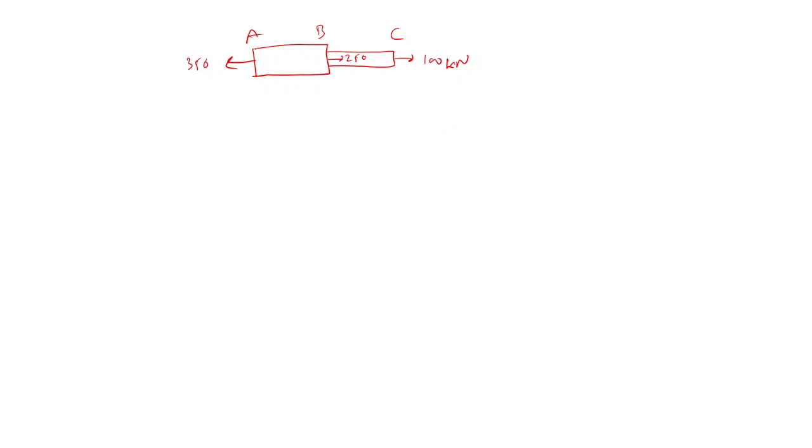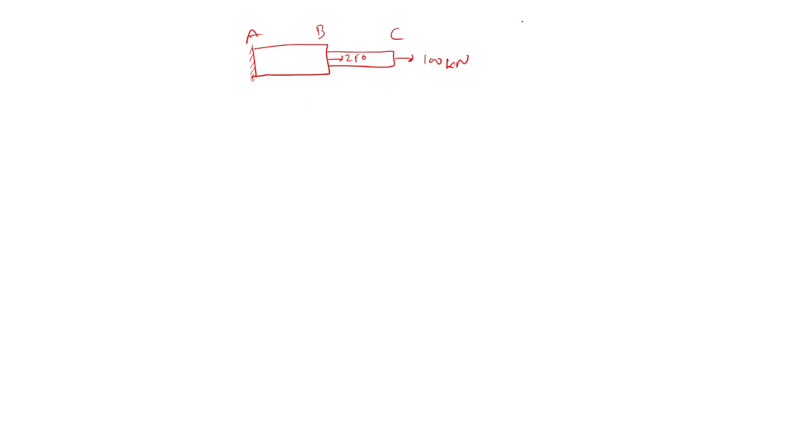Now how will you distribute? Let's suppose I remove the 350 from here. Same problem, right? Yes, sir, in tension only. A and B also tension, and B and C also tension. In BC we can take 100 kilonewton tensile and in AB 350 kilonewton tension.